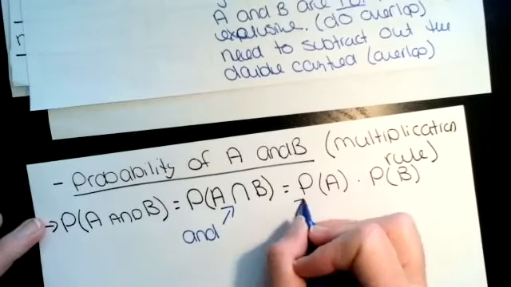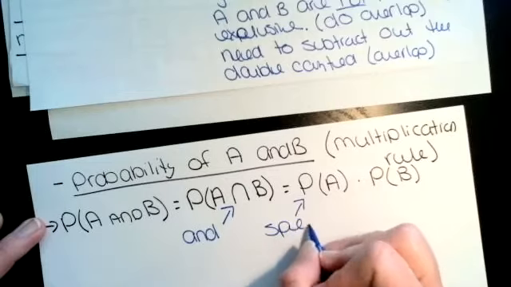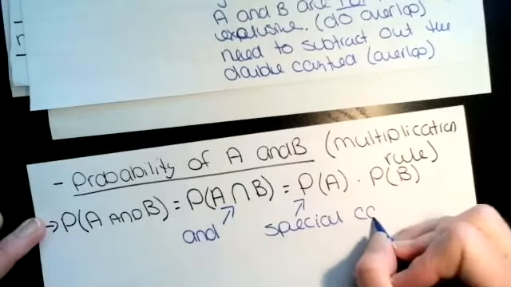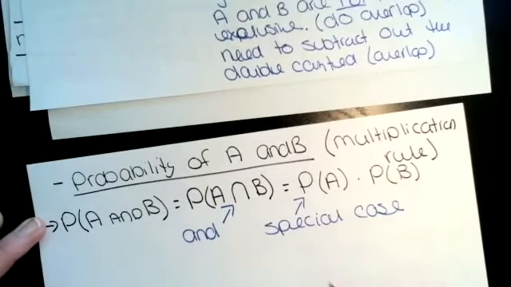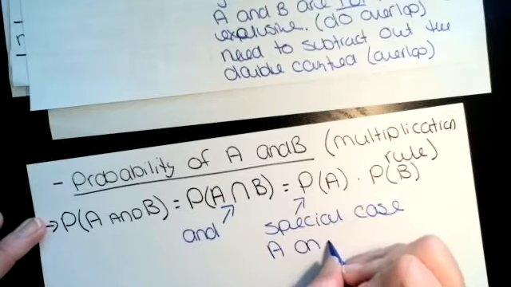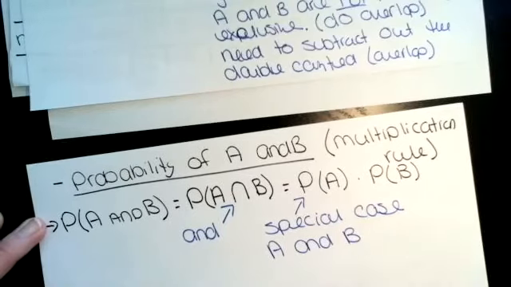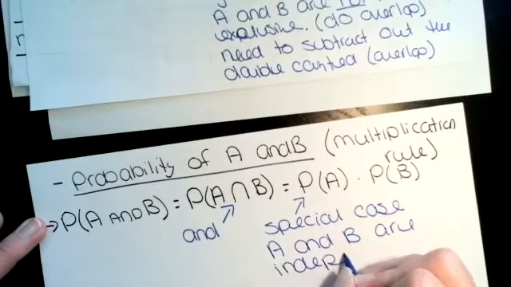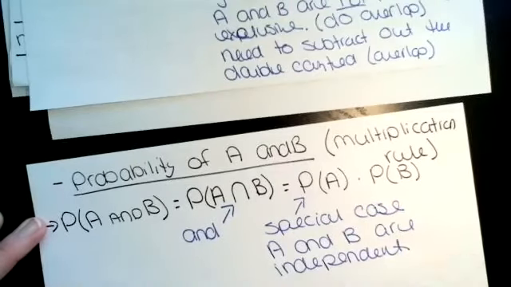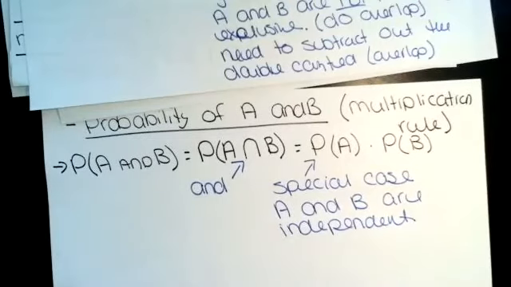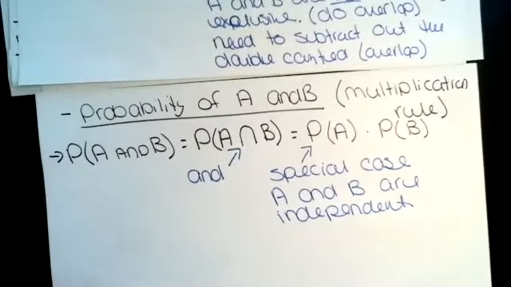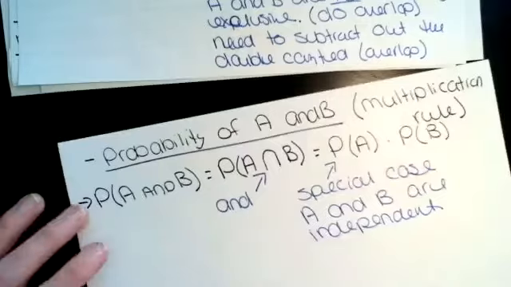So this is my special case. The special case says that event A and event B are independent, so I can only use it if my two events are independent. Let me tell you what that means.